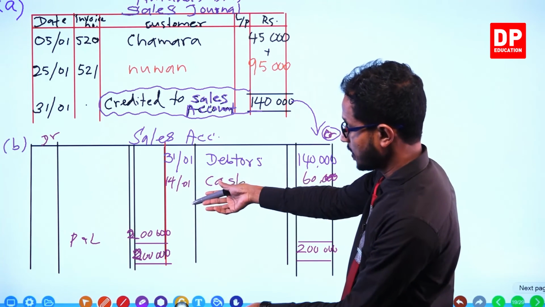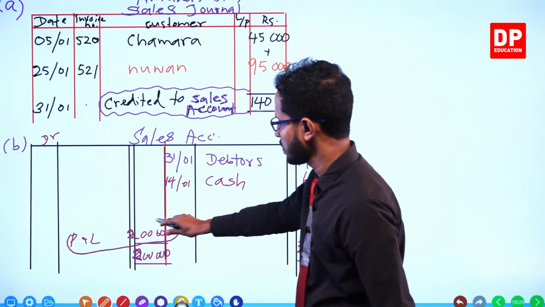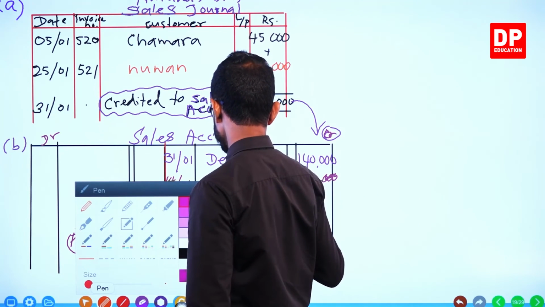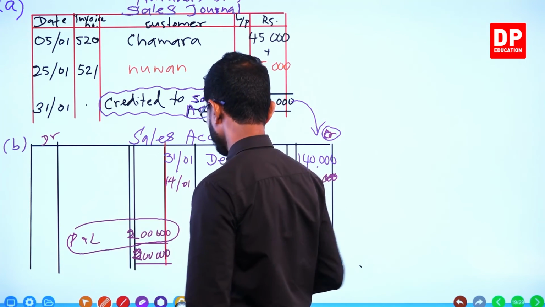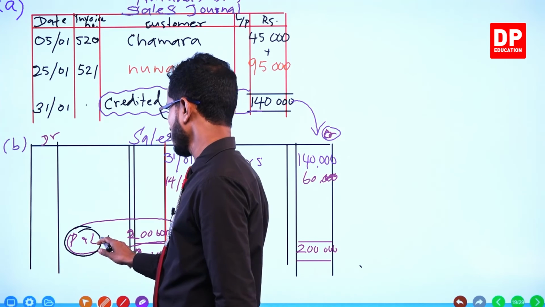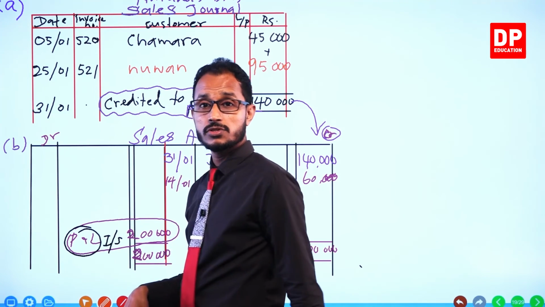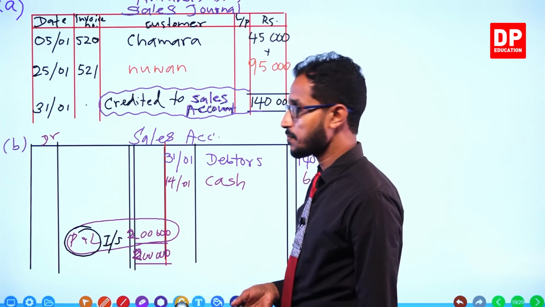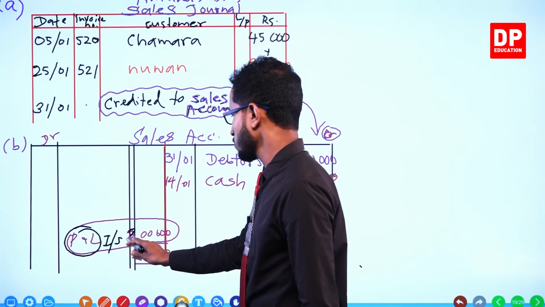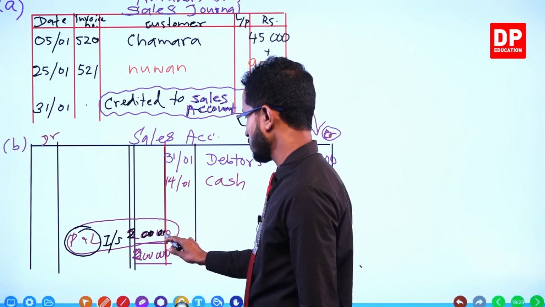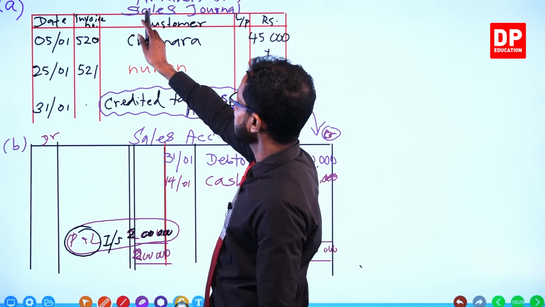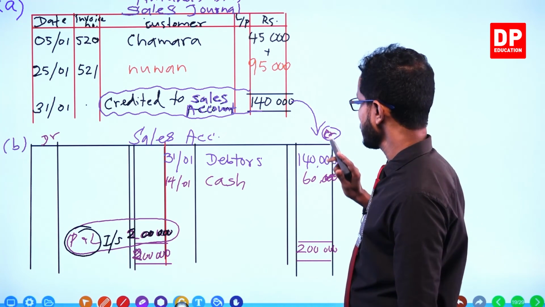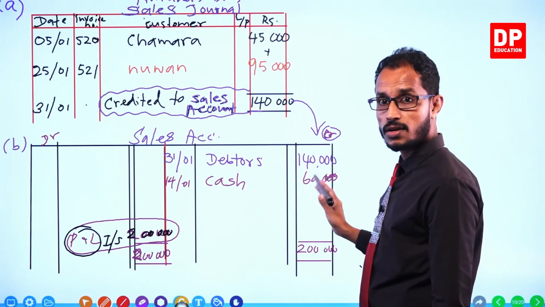Sometimes profit or loss statement, or in your A levels, when you go to your A levels, they say income statement. It's the same thing. This 200,000 is the total sales in this business, Narda's business, with the credit sales plus cash sales for this period.